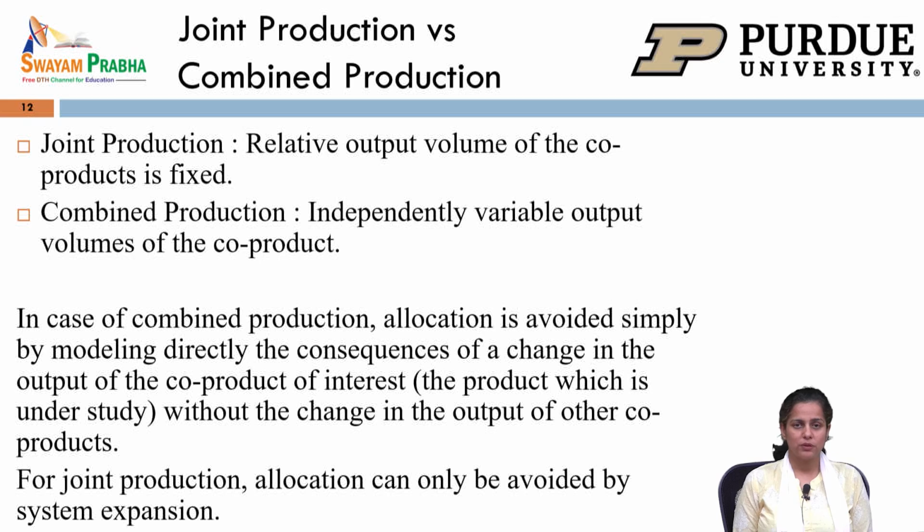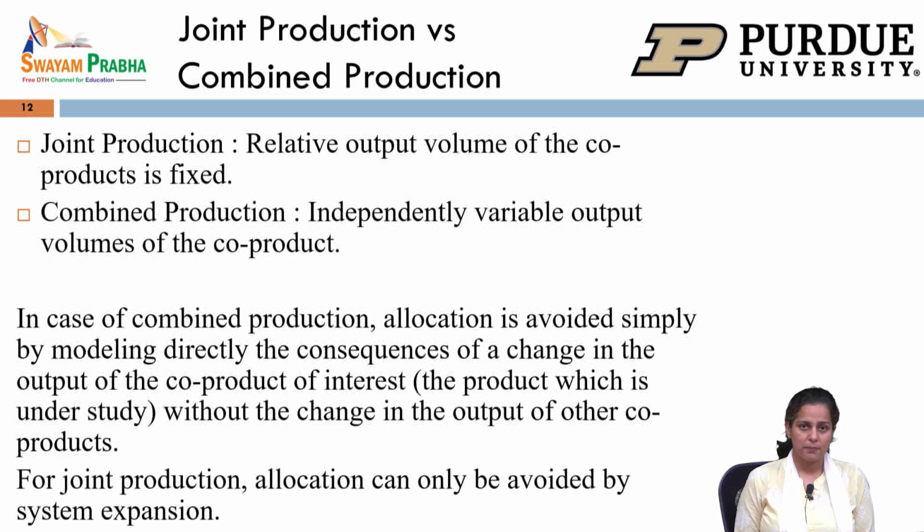An example would be when we are making plastic bags and we have 2 different types of plastic bag. Let us say we are making an oval shaped and a rectangular shaped one. Oval shaped production does not really affect the rectangular shaped production. It is independent. So, in that case, the process is called combined production.